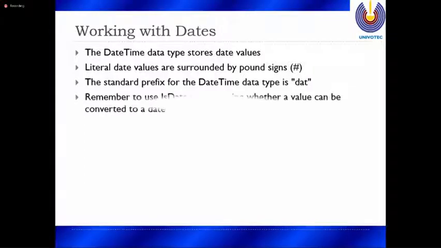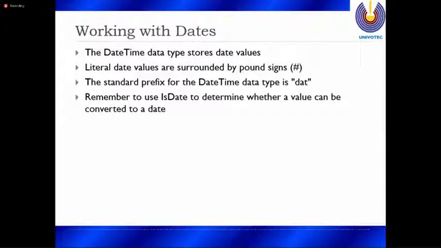Then remember to use IsDate to determine whether a value can be converted to a date. Sometimes you enter a value in a text box and want to check whether it is numeric or a date. If the date format is there, then you can convert.